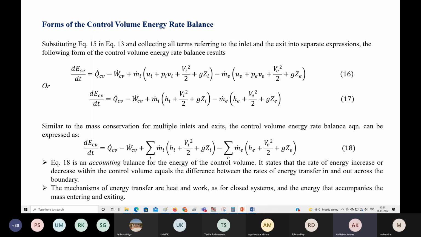So the integral of P dV, with integration limits V1 to V2, we have derived that itself. Work for constant volume, work for constant temperature, many polytropic processes, constant pressure processes, we have derived, right? That is our flow work, and that term is also added over here.